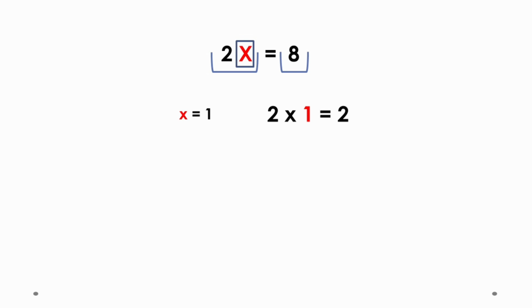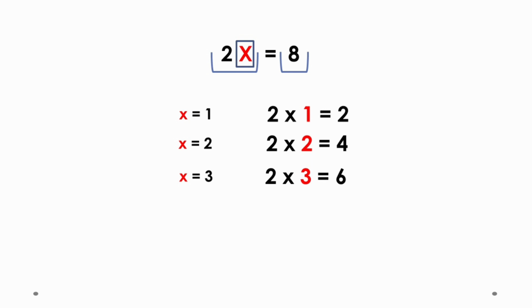If we place the value of x as 2, the equation becomes 2 into 2 is equal to 4. If we place the value of x as 3, the equation becomes 2 into 3 is equal to 6. So, we still haven't found an appropriate value of x that can satisfy the condition 2x is equal to 8.